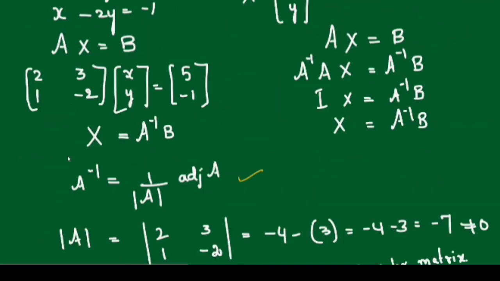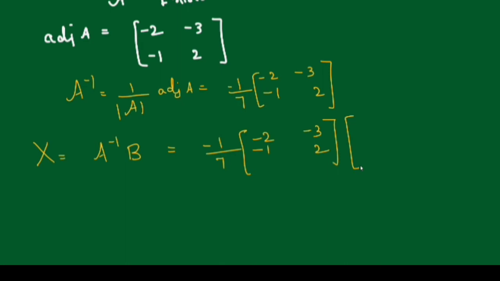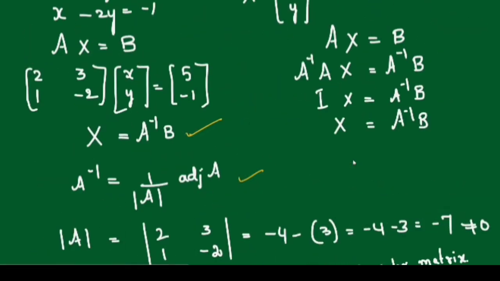Our aim is to find X. So X is equal to A inverse into B. So minus 1 by 7, minus 2, minus 3, minus 1, 2 into the matrix B. What is matrix B? See, 5 and minus 1.